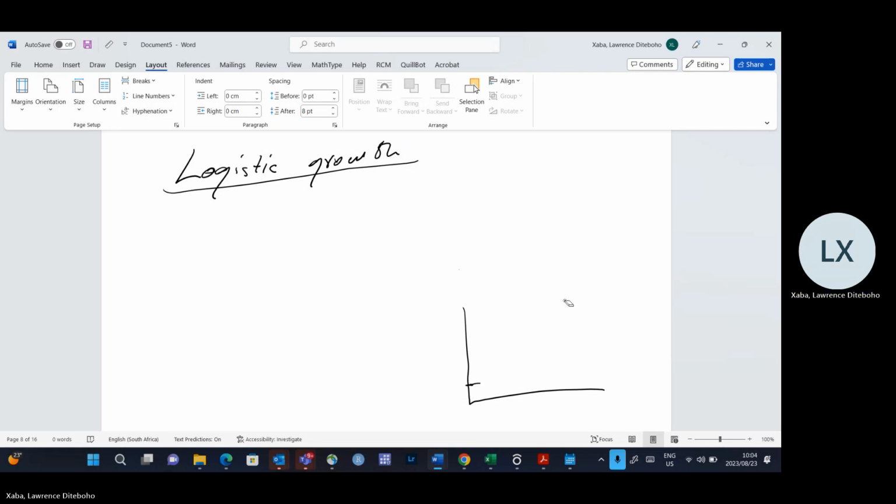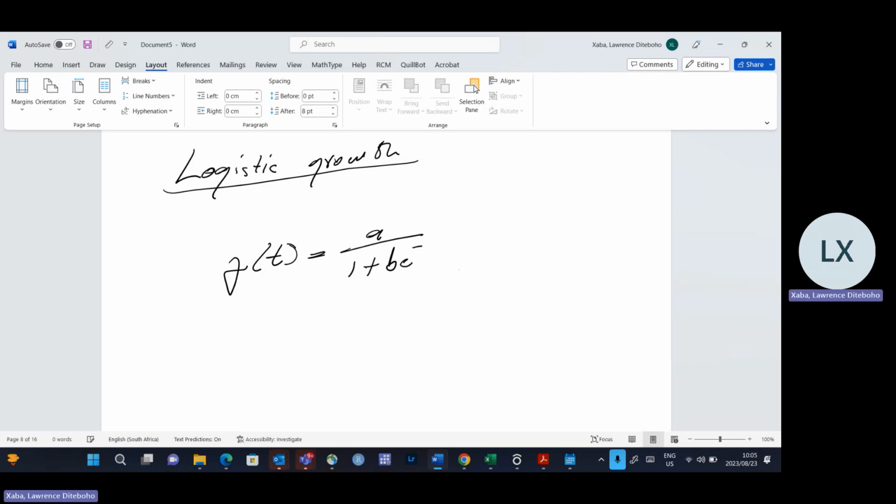Yes. So when it comes to your logistic growth, we are also given a function that we can use to study this logistic growth. And the logistic growth function is f at t equals to a over 1 plus b e to the power negative c times t, where we still know that t is time.